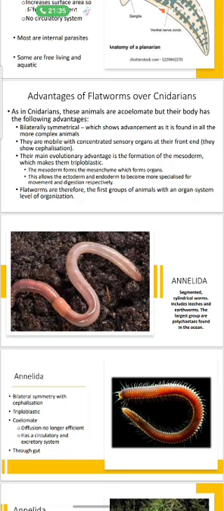The mesoderm allows for the mesenchyme, which forms organs. This allows the ectoderm and endoderm to become more specialized for movement and digestion, respectively. Flatworms are therefore the first group of animals with an organ system level of organization.